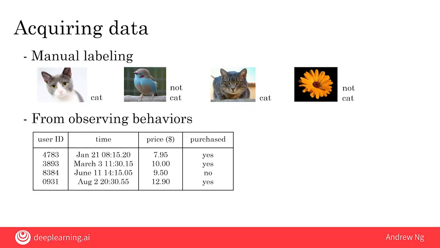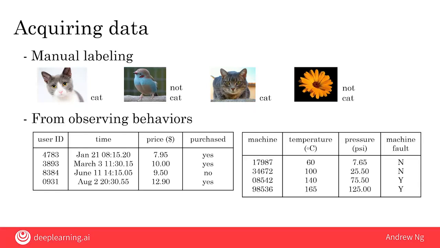This was an example of observing user behaviors. We can also observe behaviors of other things, such as machines. If you run a large machine in a factory and you want to predict if a machine is about to fail or have a fault, then just by observing the behavior of a machine, you can then record a data set like this.